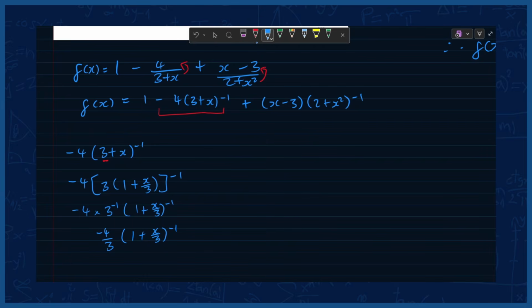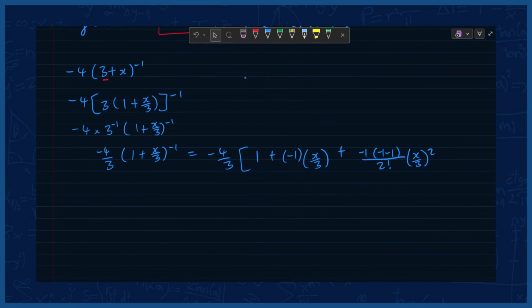And now that this first bit is 1, I can use my binomial expansion formula. So that's going to be negative 4 thirds, and that is 1 plus nx. My n is negative 1, my x is x over 3, plus n(n minus 1) over 2 factorial, times our x squared, so our x is x over 3. And they said up to and including the term in x squared. Okay, so let's simplify this.